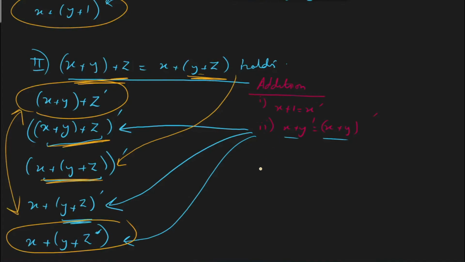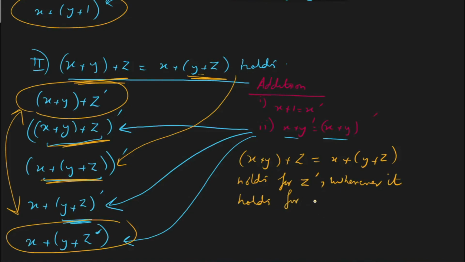And so I have proved that x plus y plus z is equal to x plus y plus z enclosed within the parentheses holds for z prime whenever it holds for z.